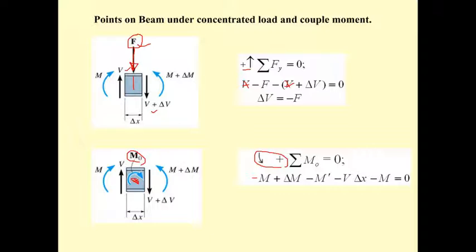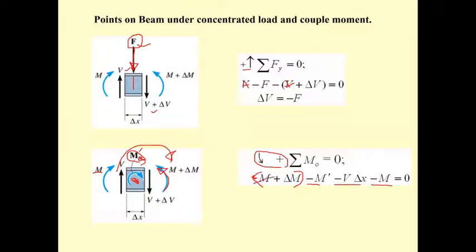Oh, sorry, this term is going to be the same, and it's counterclockwise, so this is positive, and this changes to M prime. M prime is in the opposite direction, so M prime is negative. And also the M is clockwise, so the M is negative. And the shear force is going to rotate this way, so the shear force also provides a negative moment.